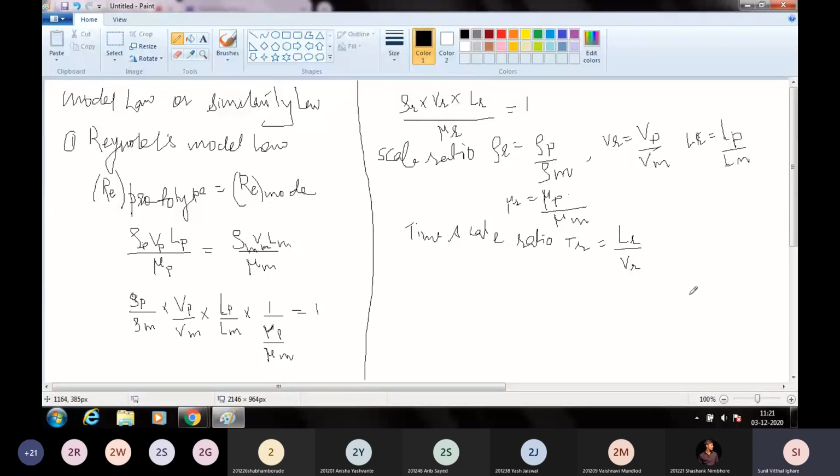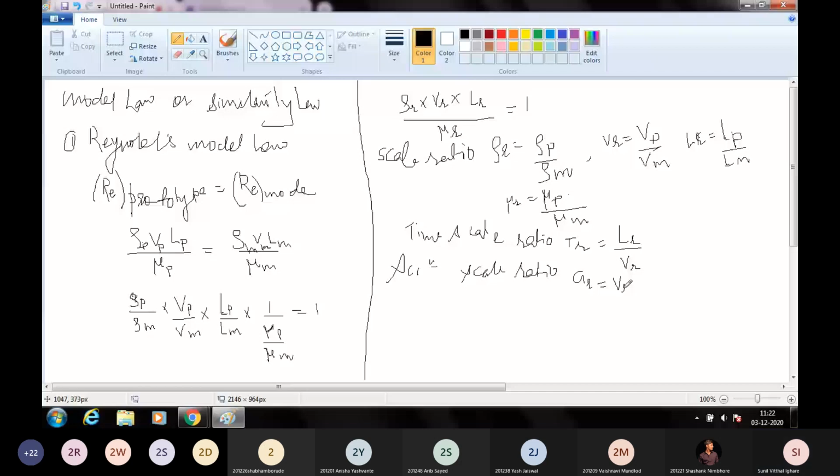In the same way, you can write the velocity scale ratio, or the acceleration scale ratio. If I have to write the acceleration scale ratio, acceleration AR is equal to velocity divided by time, so velocity scale ratio divided by time scale ratio.